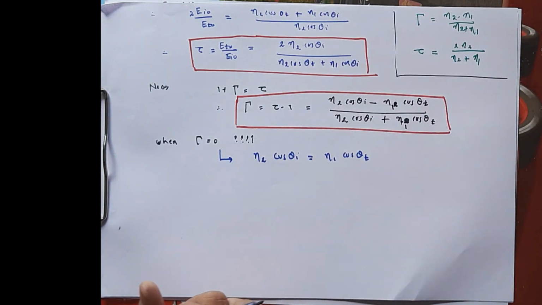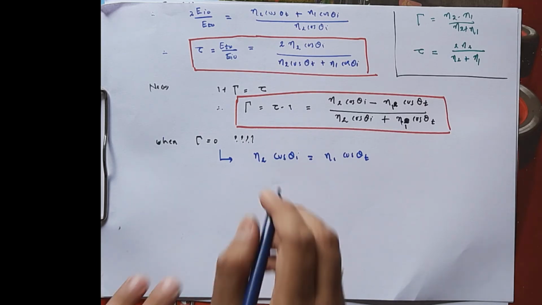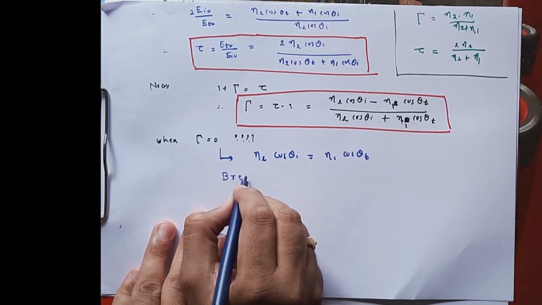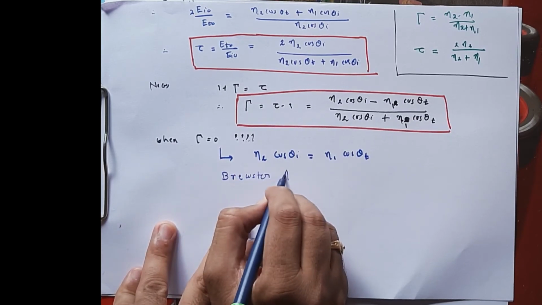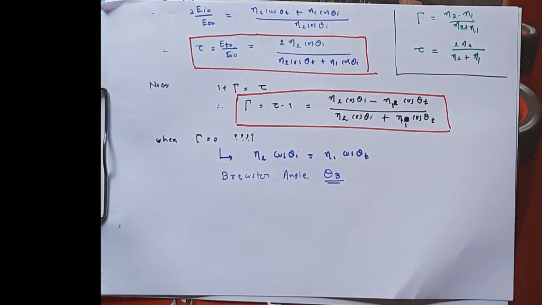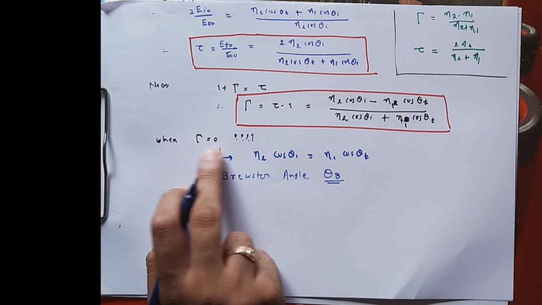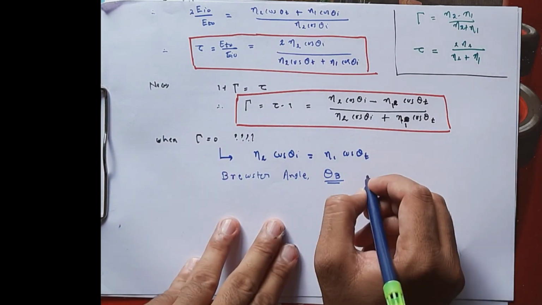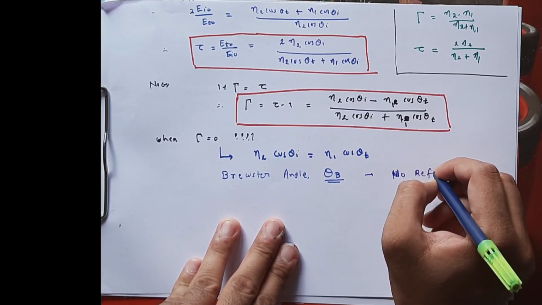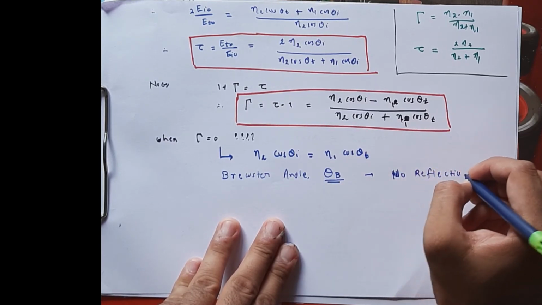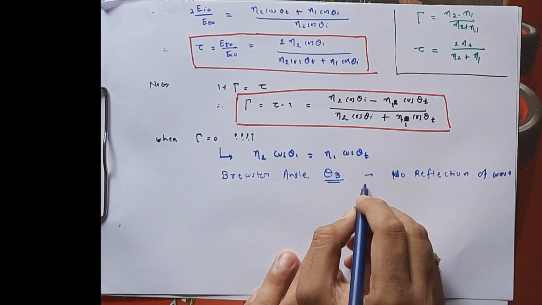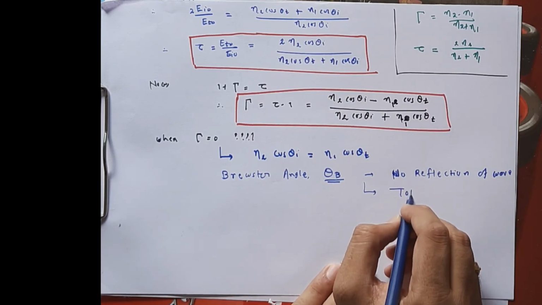This angle is known as the Brewster angle, denoted theta_b. Brewster angle means capital tau is equal to 0, that means no reflection of the wave, which means total transmission.